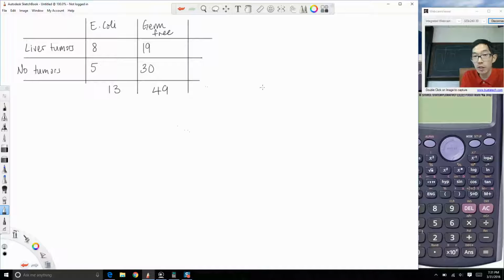This is known as a two-way table, because we are looking at the relationship between two variables, whether E. coli versus germ-free. So we have two variables. One of them is E. coli versus germ-free, and then the other variable will be tumors versus no tumors.